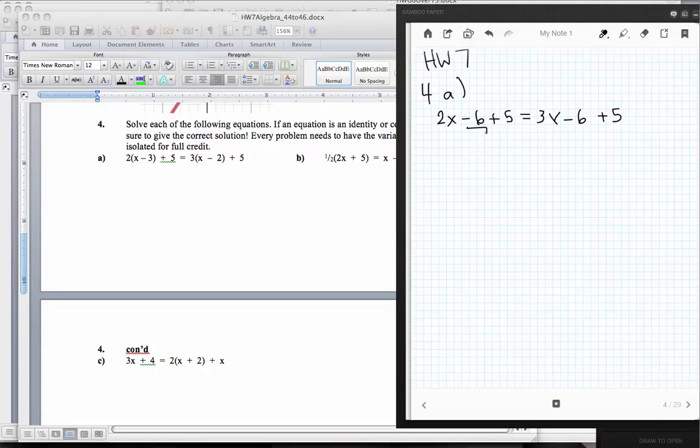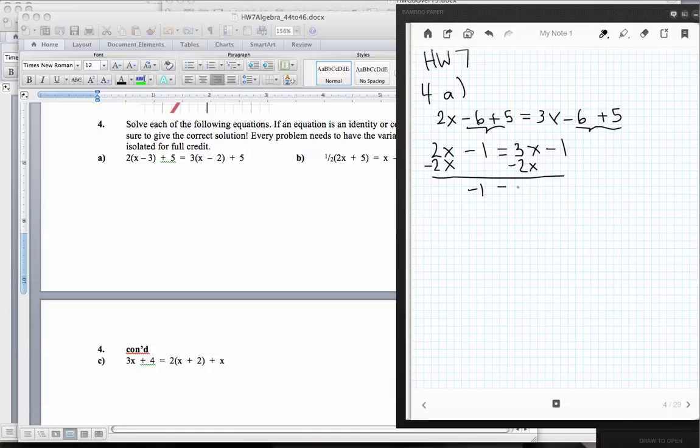So now I want to simplify this side here and this side over here before going on. So I have 2x minus 1 is equal to 3x minus 1. Now I need to bring the x's together, so I'm going to move the x's to the right-hand side by subtracting 2x from both sides.